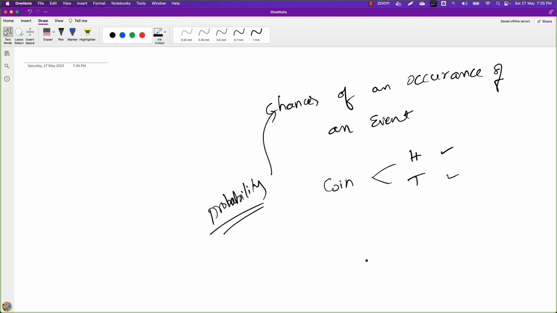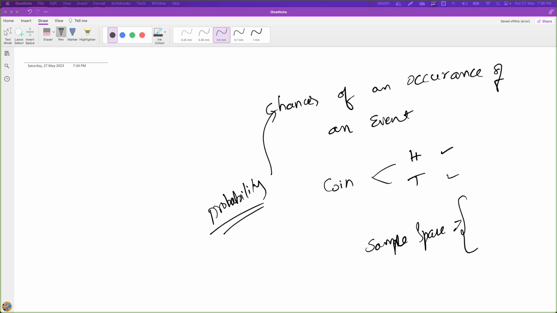Now, in order to understand probability, you need to remember a few more things from the statistics side, especially from probability theory. That is called the sample space. In probability theory, the sample space contains all the possible set of events.